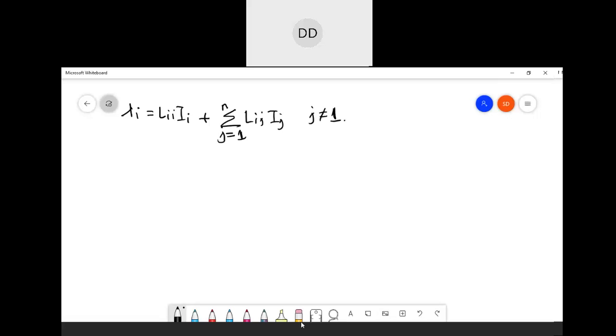So from this particular equation we can also write the value in terms of 2 into 10 power minus 7, with respect to the first value, the self inductance.